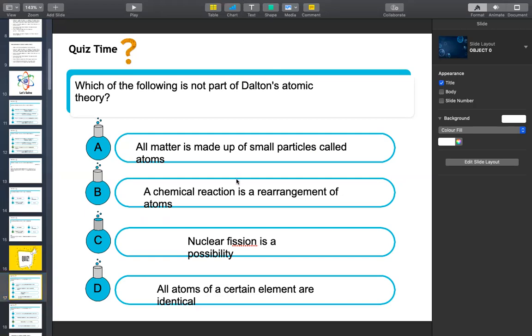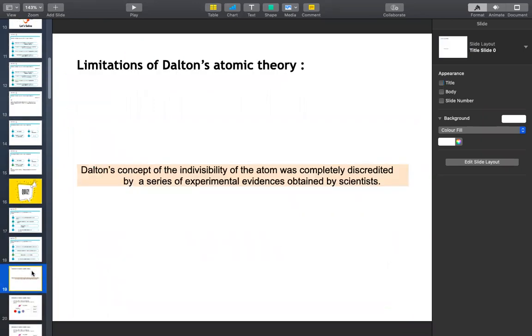I'll create a poll. Quickly answer this. Okay, 100% of the population is saying the answer is C. Let's see whether they are right or wrong. So the answer is C. Next.